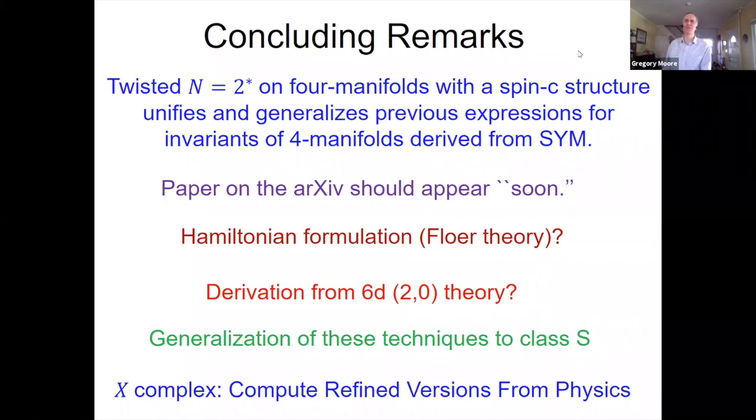He starts by saying there's Floer theory, and then he writes down a Hamiltonian for a quantum field theory, which should give you this Floer theory. And then he says, oh my God, this Hamiltonian is the Hamiltonian of a topologically twisted N=2 supersymmetric Yang-Mills theory.